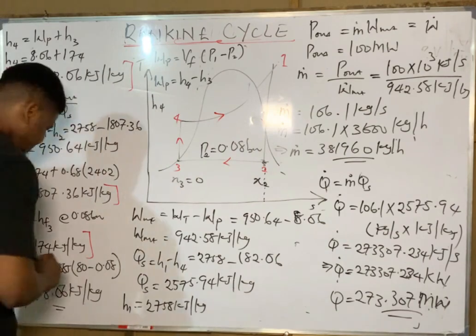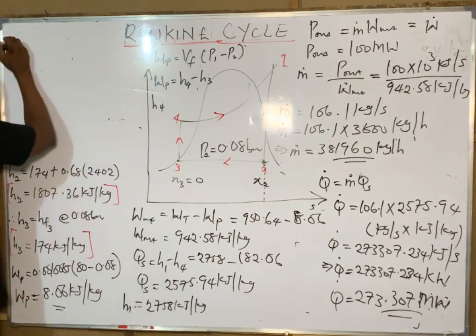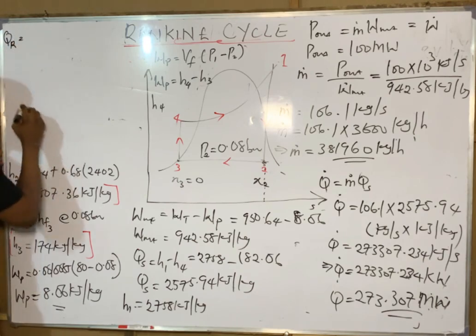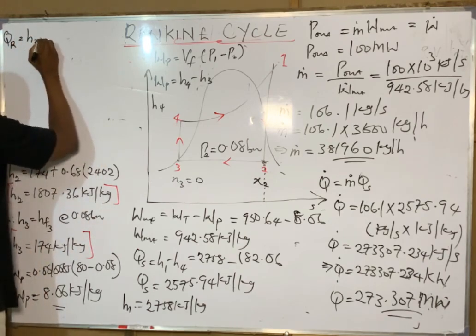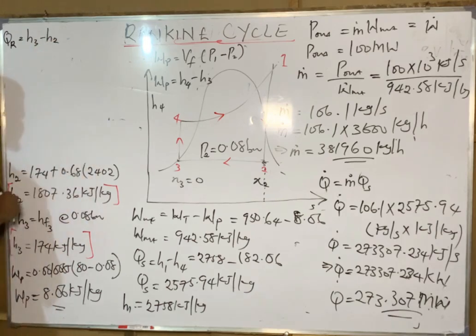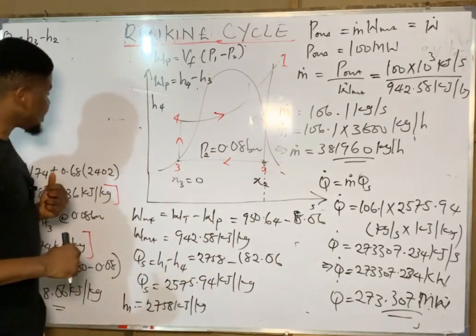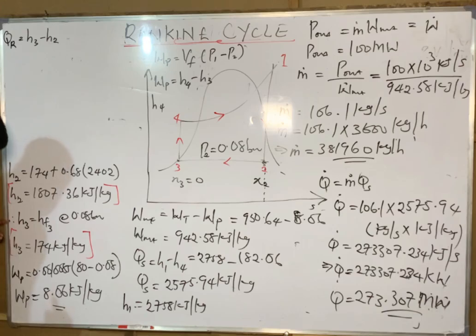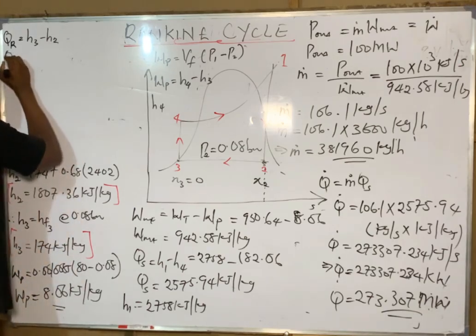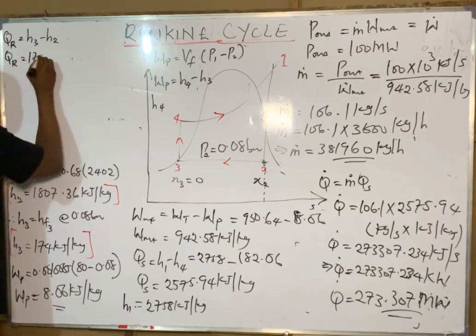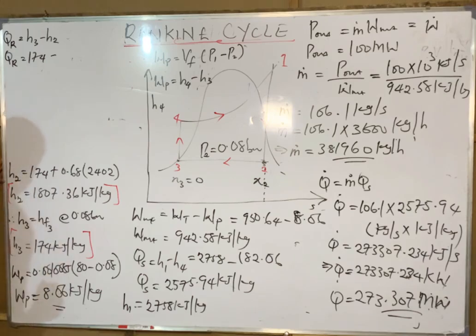So the heat rejected in the condenser, call that QR, becomes H3 minus H2. Heat rejection should be negative. We know the value of H3, which was given here as 174.